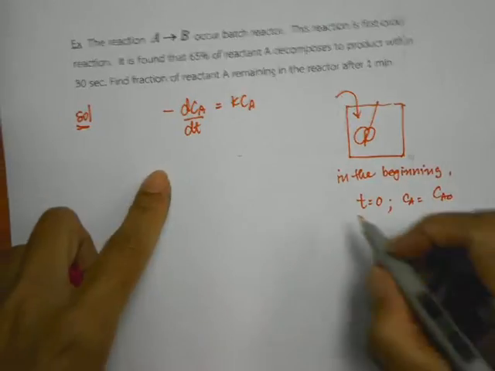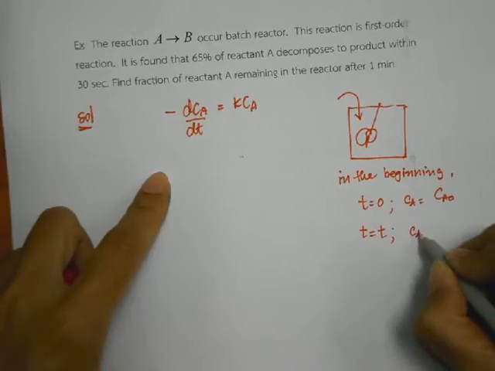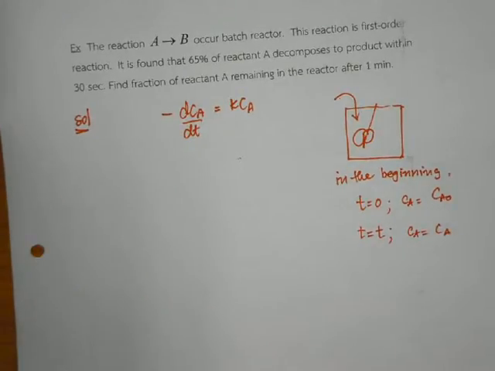And at t equal to any t, I said CA is equal to any CA. And this CA is always a smaller number than CA0, right? Because CA0 is its initial concentration that you put in there at the beginning. By the time passed, A is converted into B. So the concentration of A is going down by time.